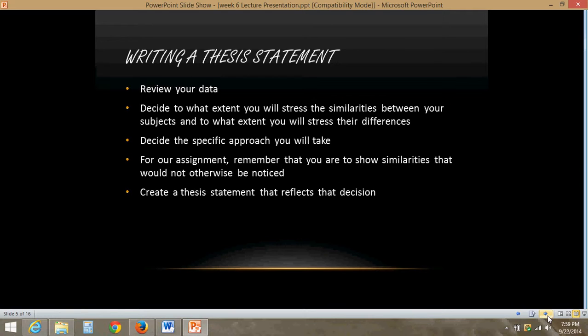So it's a little bit more guided in that regard, but you can take a specific approach that fits with your particular topic. So you're going to decide on approach, decide on your stresses, and then create a thesis statement that reflects that decision. So what you're going to stress, what is your approach, and your thesis statement should basically follow that.